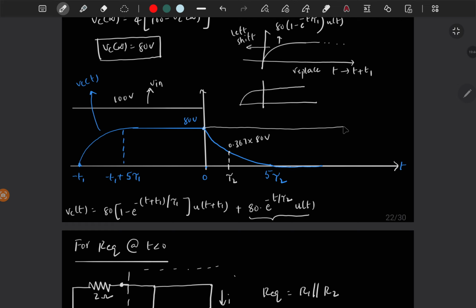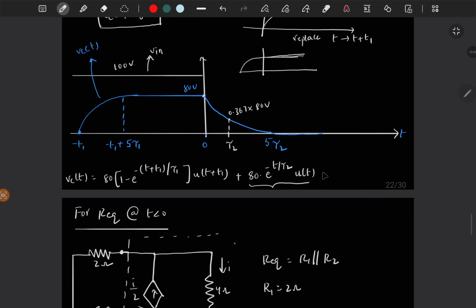This 80 is also there till t tends to infinity. But we don't want that. We have to subtract this magnitude from t greater than 0. That's it. So you have to do minus 80 u of t. If you subtract this 80 from t greater than 0, it will be subtracted from this part, then you will get this remaining part. That's it. So this is how this equation looks like.